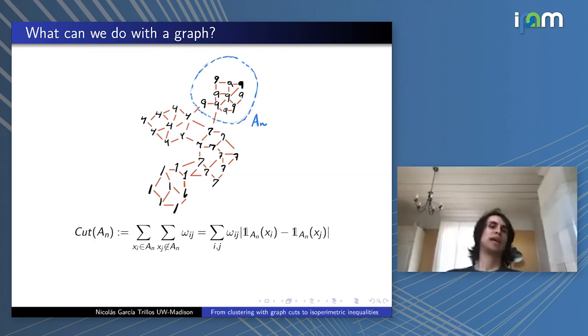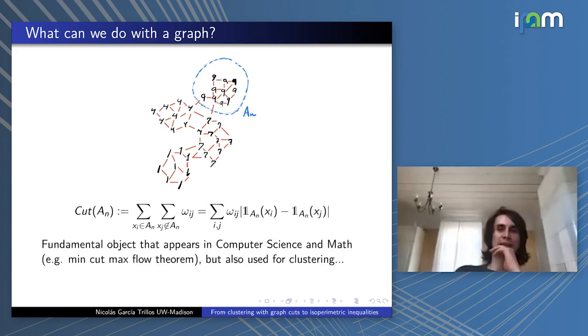Although that set is going to have little interaction with the rest of the data set, it is perhaps not our idea of a cluster, namely because it is too small, too insignificant, so it is not a meaningful set. Under this consideration, people later consider variations of this cut functional that we will talk about in a second.